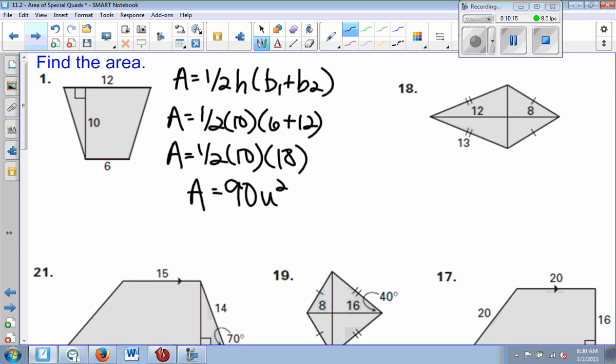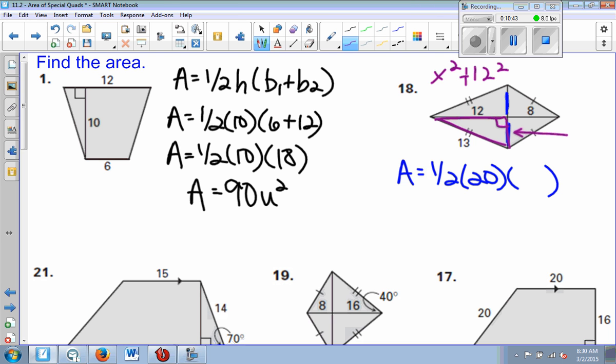In the next problem, if I want to find the area of this kite, then I need to know both diagonals. Now, if you look at the problem, I know one of them. It's 20. I don't know the short diagonal. But I can figure it out because in a kite, that's a right angle, which means that this purple triangle is a right triangle. So I can figure out that missing length by just doing the Pythagorean theorem.